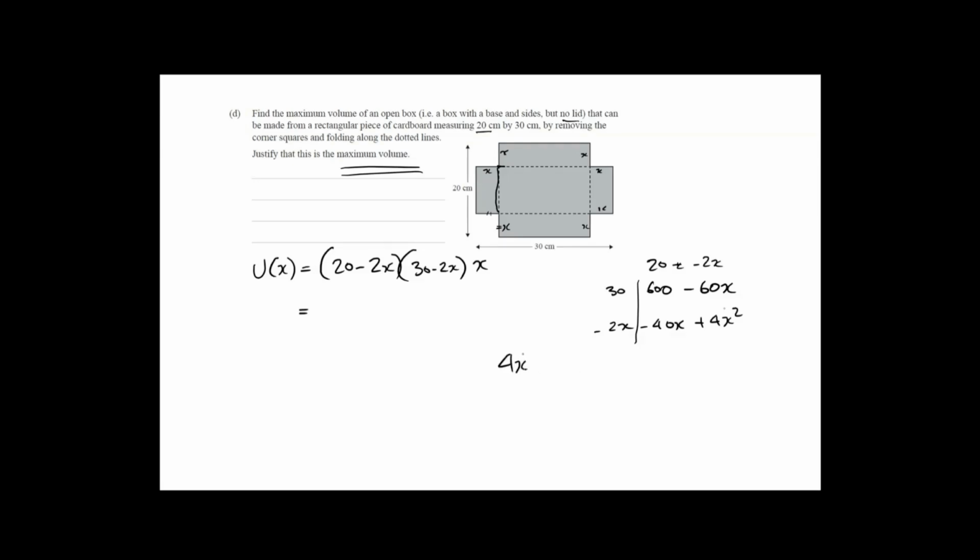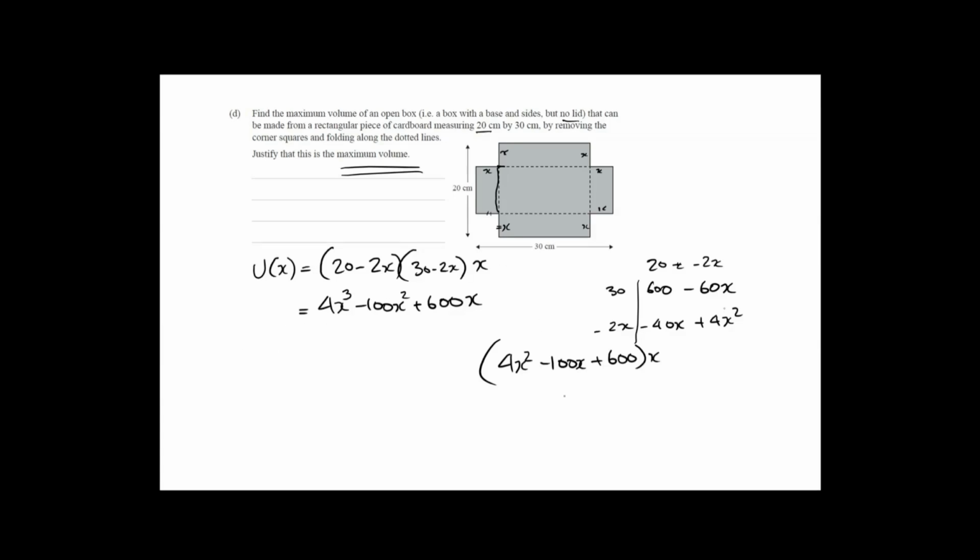So it's 4x squared minus 100x plus 600, all times x. So this is going to be 4x cubed minus 100x squared plus 600x. And that's going to be the volume function.